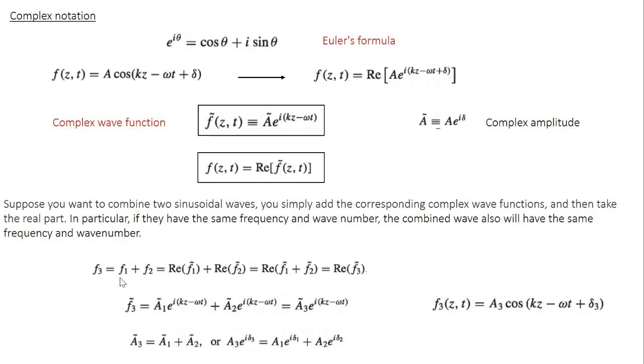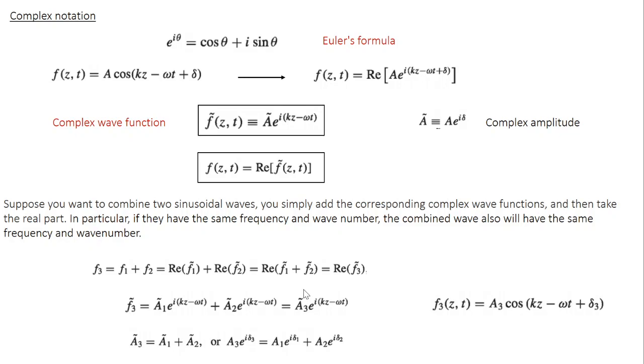So if you have two real wave functions f1 and f2 and you want to combine them, you can use the complex notation. f1 is the real part of f1 tilde, f2 is the real part of f2 tilde, so you can add the real parts, which is equal to the real part of f1 tilde plus f2 tilde, which is equal to the real part of f3 tilde, where f3 tilde is A1 tilde e to the power i(kz minus omega t) plus A2 tilde e to the power i(kz minus omega t), which is nothing but A3 tilde e to the power i(kz minus omega t), where A3 tilde is A1 tilde plus A2 tilde.